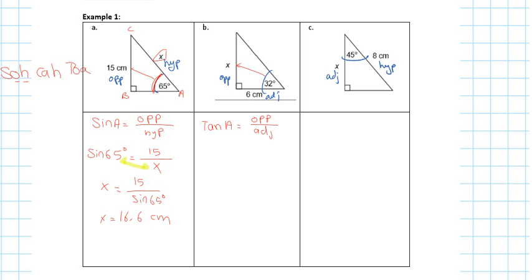So tan of 32 is the opposite, x, over adjacent, 6. What do I do to solve for x? Multiply by 6. Do we agree with that?